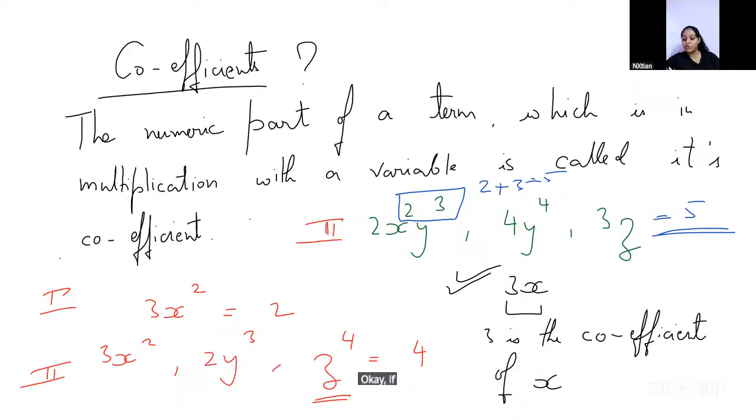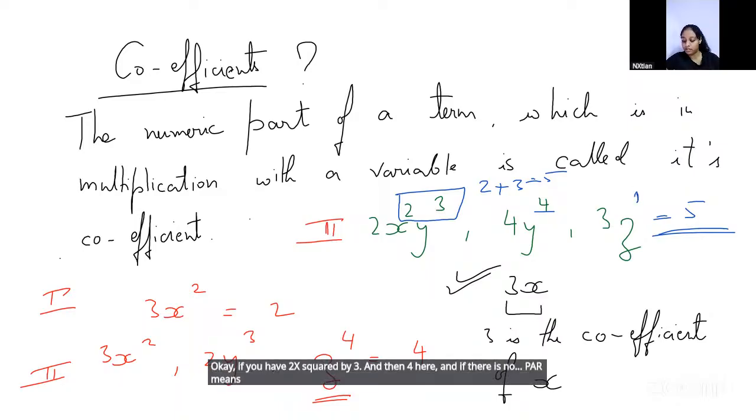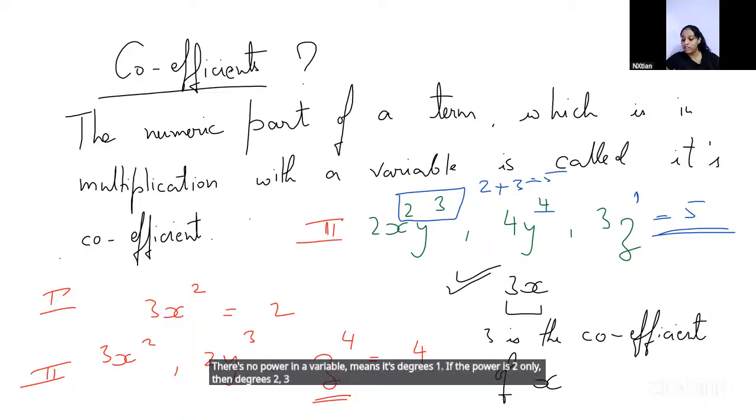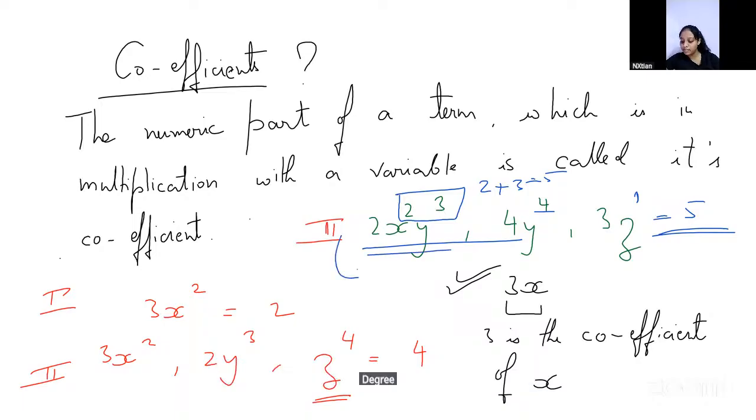If there is no power, it means 1, so the degree is 1. If the power is 2 only, then the degree is 2; 3 only, 3. If it is combined, you have to add the powers: 2 plus 3 gives you 5.